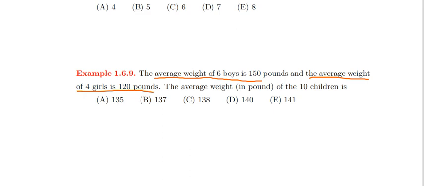Say the average is 150 for boys and 120 for girls. To get the average for all, we use the weighted average. How much do boys contribute? We have 6 boys and 10 kids in total, so boys contribute 6 over 10, and girls contribute 4 over 10.